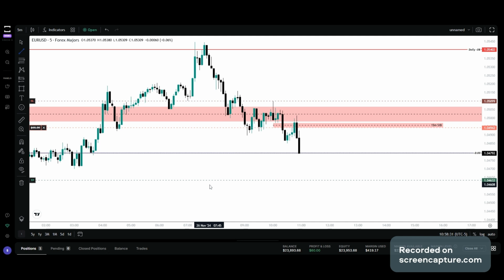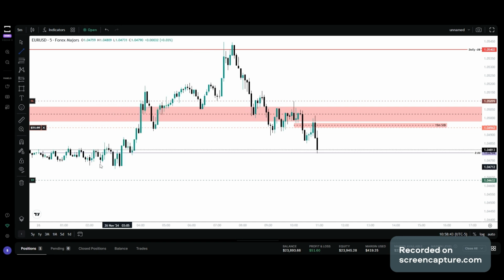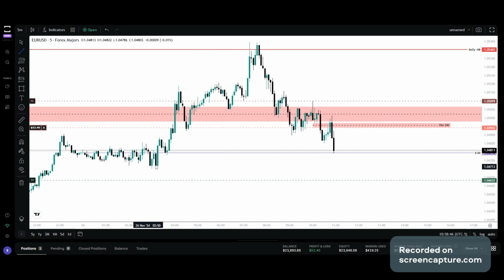Should I take my partial? Nah, I'll just move my stop. I believe we're going to get below this. You see this consolidation right here? Now, what I will do, let's move this here.